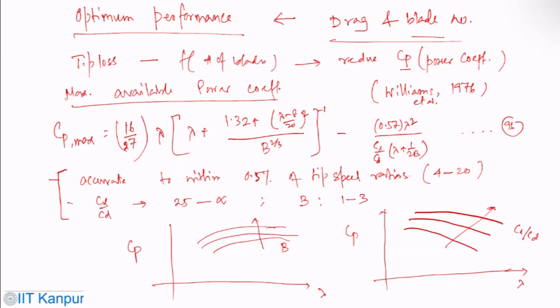So obviously, when you talk about the performance level under ideal operating conditions, which include wake rotation and number of blades, all of these take this kind of situation into account. And now we also want to quickly touch upon the different aspects of aerodynamic design.